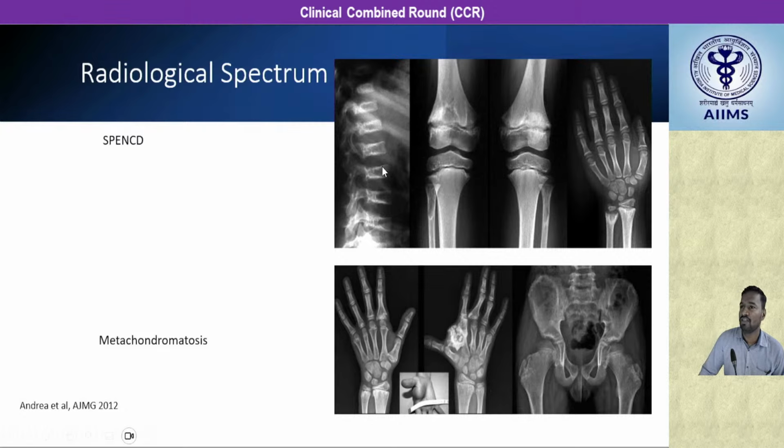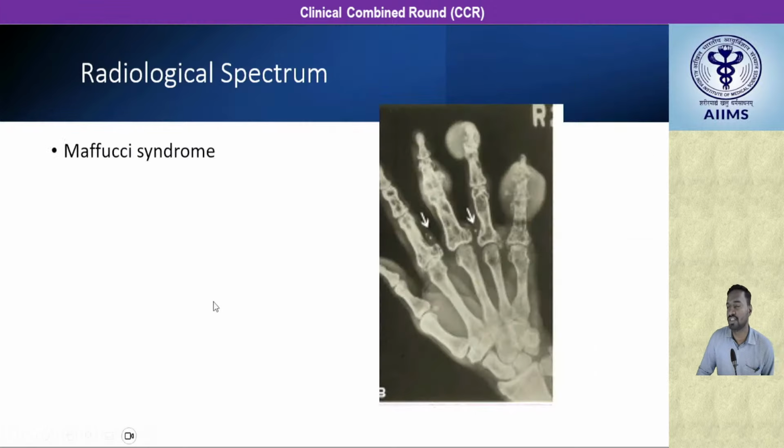Here, along with multiple enchondromas, there will be vertebral abnormalities like flat vertebra and platyspondyly. And metachondromatosis, in this type there will be multiple enchondromas associated with osteochondromas. And in Maffucci syndrome, multiple enchondromas are associated with hemangiomas, and in plain radiograph we will be able to see soft tissue calcification or soft tissue phleboliths, usually seen in case of multiple hemangiomas.